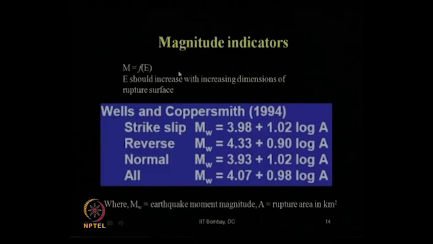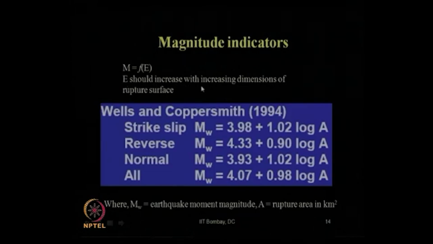Now, coming to the magnitude indicators, next we need to find out how to estimate the earthquake magnitude for this seismic hazard analysis. This magnitude is nothing but a function of the energy released, and the best magnitude, as we already mentioned, is the moment magnitude.